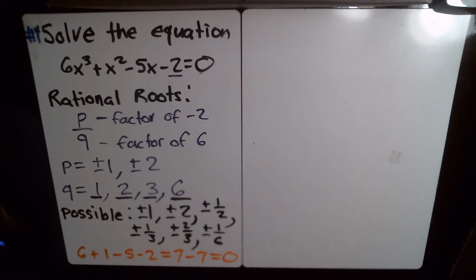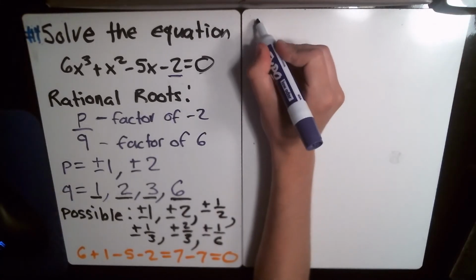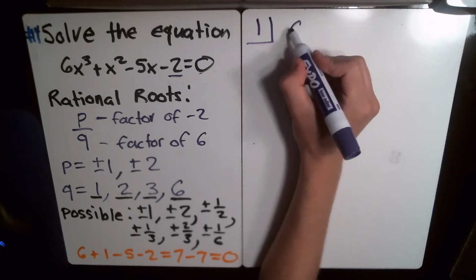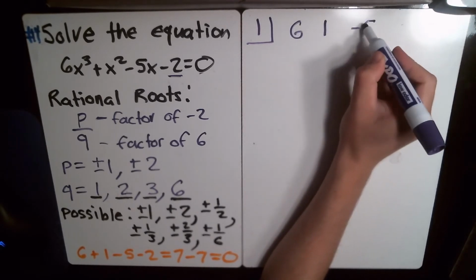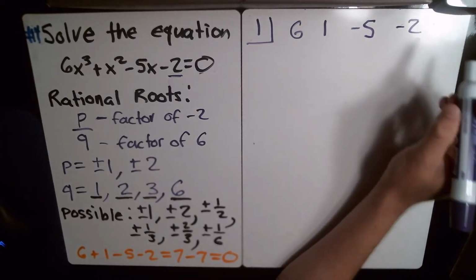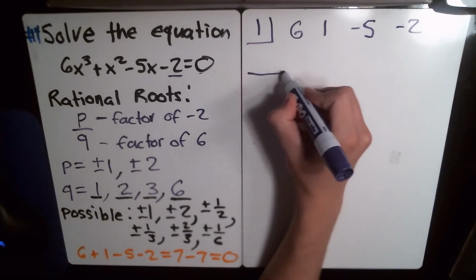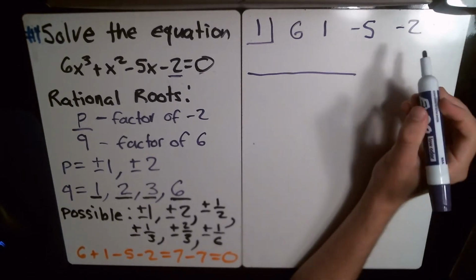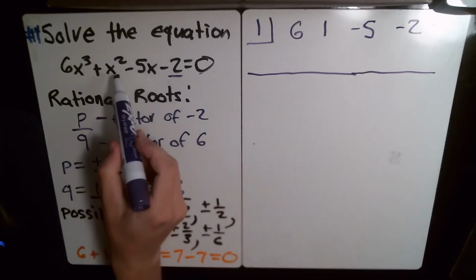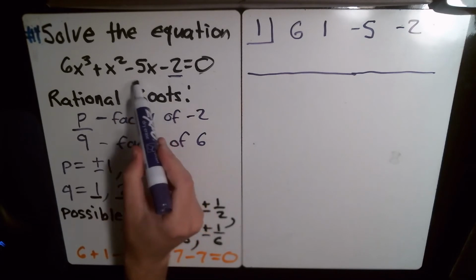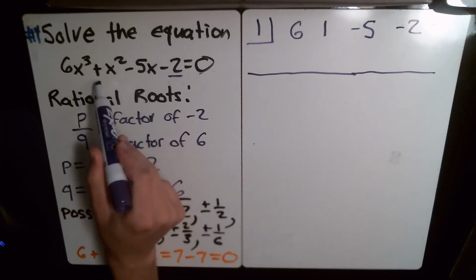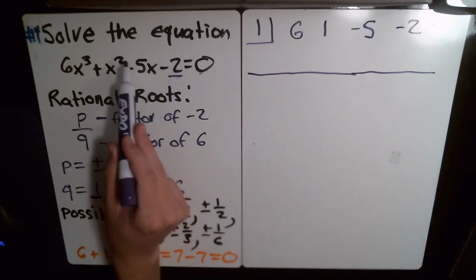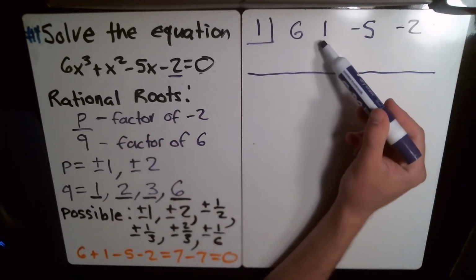And so then I would do my synthetic division on this. Make sure too when you're doing synthetic division that if there's a missing term in here, like there's no x to the fourth or x squared or whatever, you need to make sure and put a 0 in.